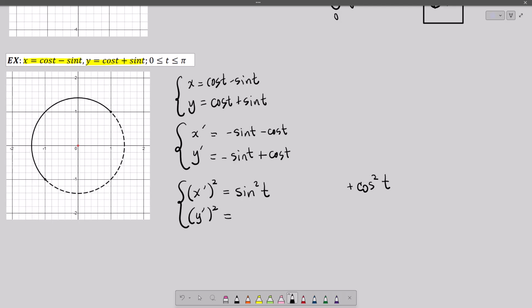And then to get the middle term, you multiply the a times the b and double it. Everyone agree? A times b and double it. So a times b is going to be sine times cosine. And we double it, and we get 2 sine times cosine.